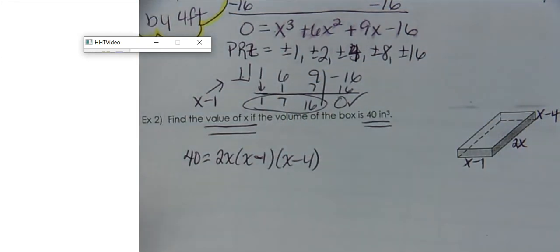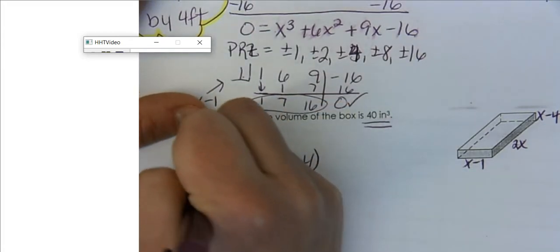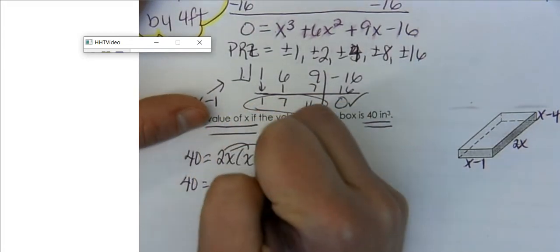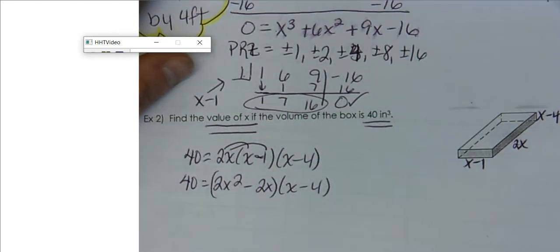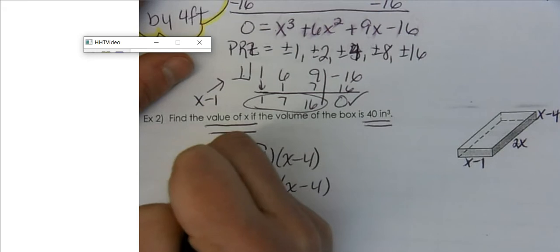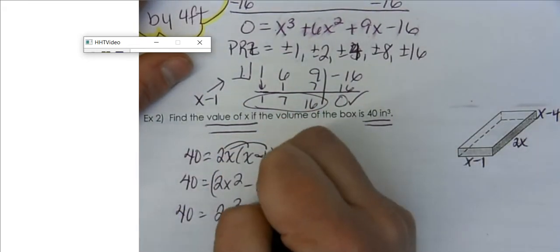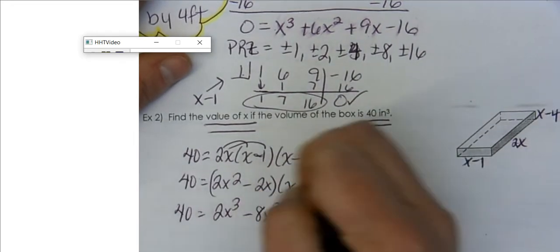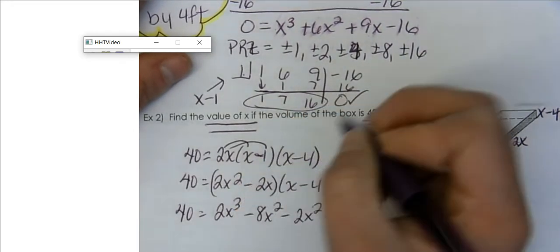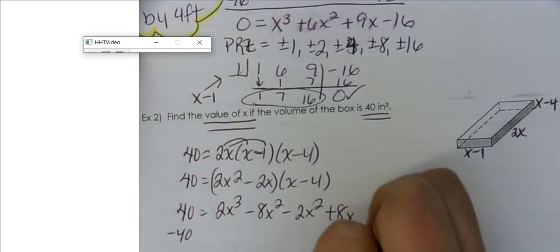And I'm going to multiply 2x to my first parenthesis, make it 40 equals 2x squared minus 2x, and I'm going to FOIL that with x minus 4. So now I have 40 is equal to 2x cubed minus 8x squared minus 2x squared plus 8x. And now I'm going to combine my like terms and bring 40 to the other side.